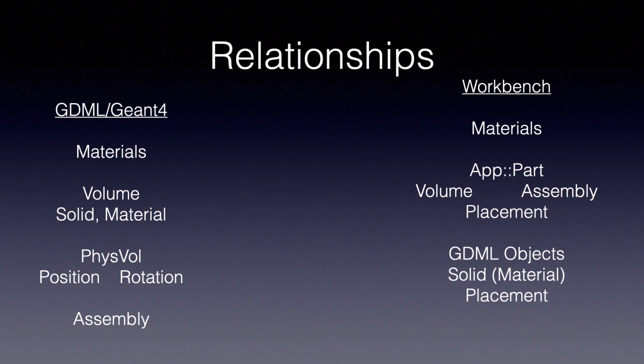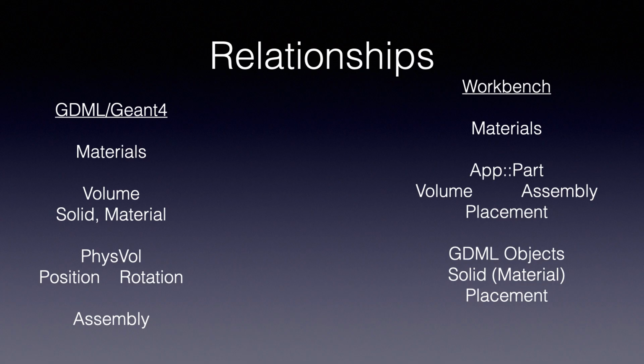It's useful to understand the relationship between how things are defined in Geant4 and GDML and how things are implemented in the workbench. You have materials in GDML and also in the workbench. Volumes in GDML are implemented as parts in the workbench, and parts also implement assemblies. The solids are implemented as GDML objects, and a solid can have a material.